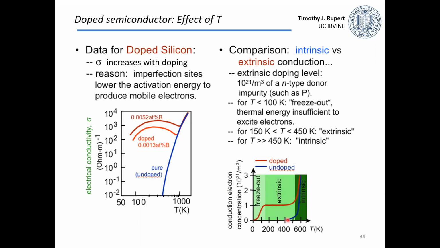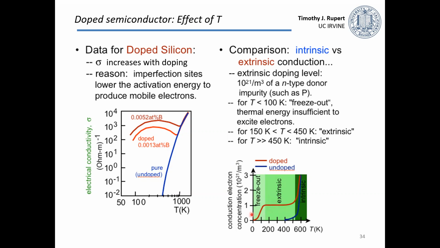At some point, it starts to increase, and this is what's called intrinsic behavior. It's telling us how, as the temperature goes up, it makes it easier for those electrons to jump over. At high temperatures, the doped follows that, but at low temperatures, it has a non-zero conduction electron concentration. So at these lower temperatures, those extra donor states or acceptor states can move around freely and conduct electricity in our sample.